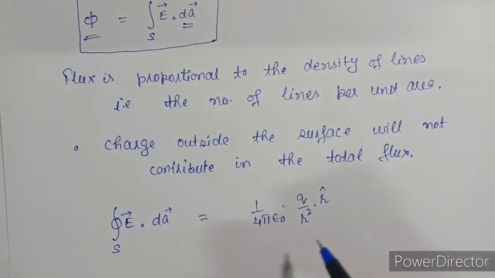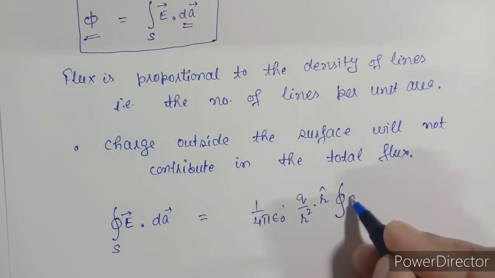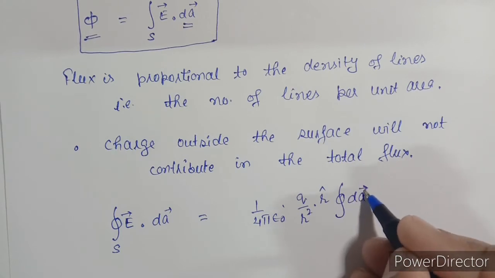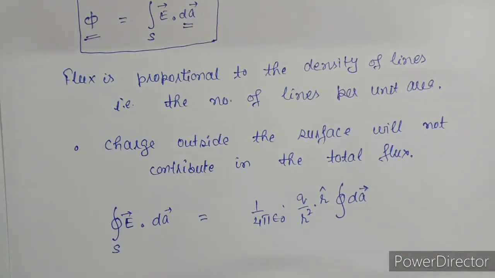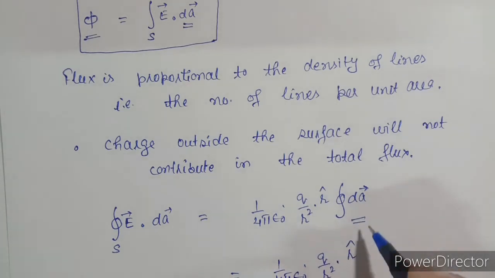This is the value of the electric field, and here we have dA over the closed surface. Because this is a sphere, a three-dimensional picture, dA gives the area of the sphere, which is 4 pi R square.